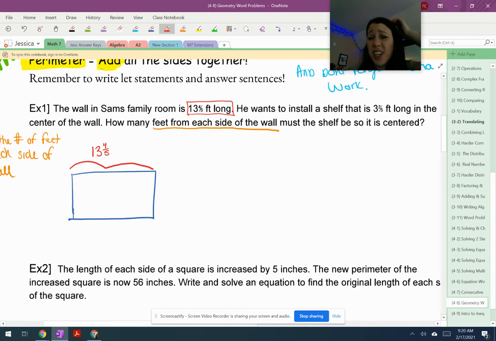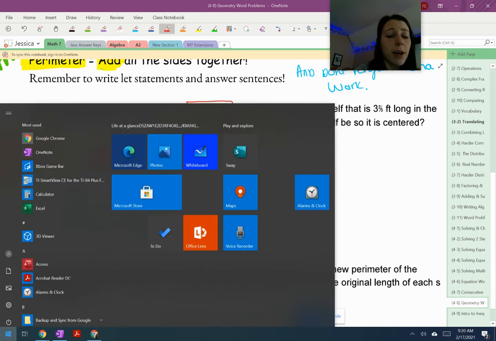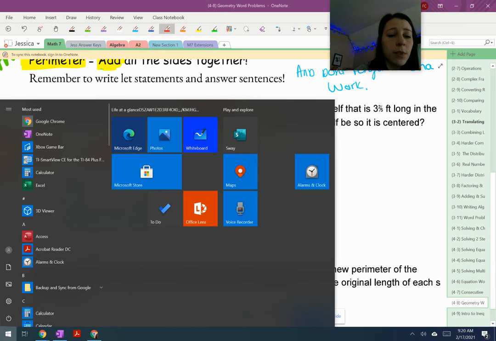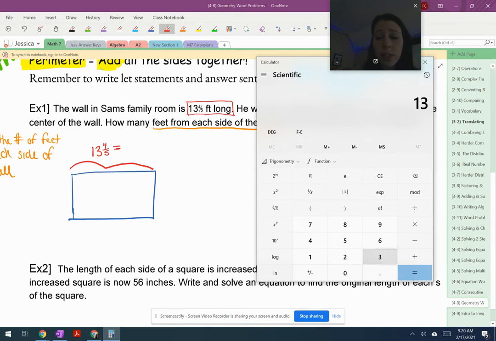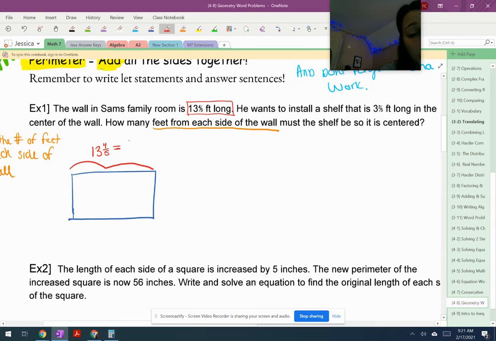I have a feeling we're going to want to take that 13 4/5 and turn it into an improper fraction soon because it's easier to work with. Actually, why don't we do that now? So again, 13 times 5 in the denominator is 65 plus 4 is 69. So that's equal to 69/5.